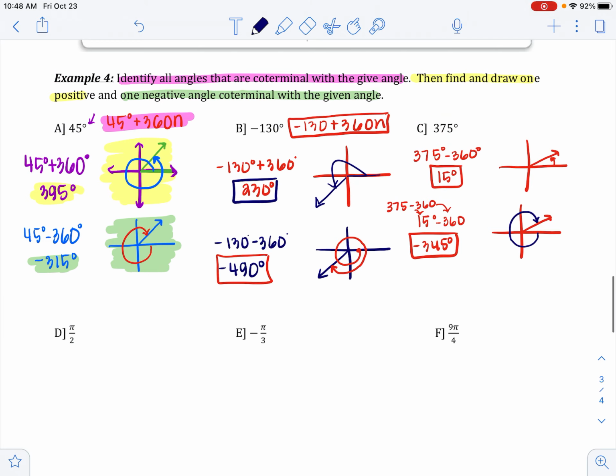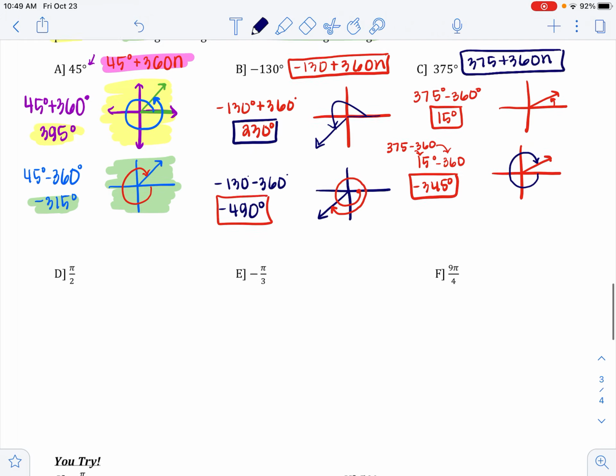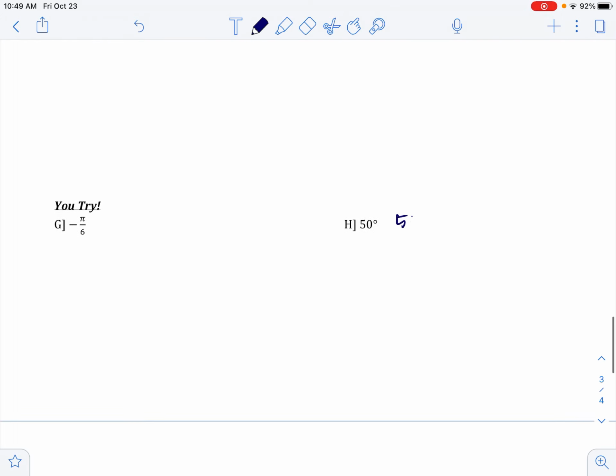I forgot to do all coterminal angles here. So this one is 50 plus 360n. And then the coterminal angle would be 360 plus 50, which is 410 degrees. 50 degrees is in this quadrant, a little bit more than 45.